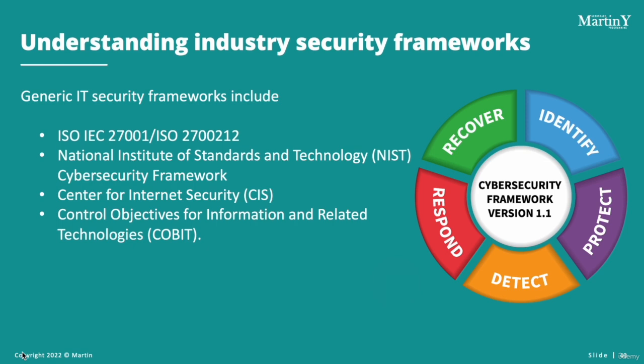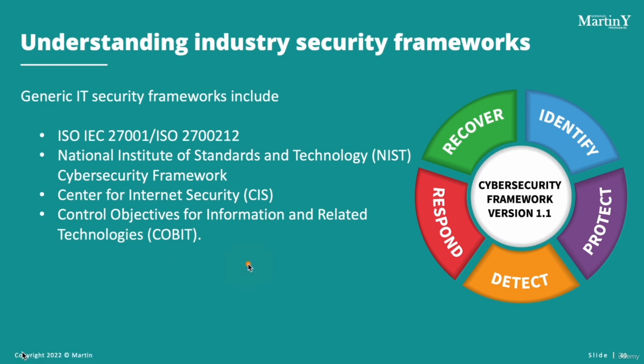Then we have the CIS framework, or the Center for Internet Security framework, which offers extensive frameworks with specific controls for platforms, operating systems, databases, and even containers. Some of the CIS frameworks are embedded into platforms such as Azure or AWS, and the CIS benchmarks can be assessed easily through Azure Security Center and AWS Security Hub.